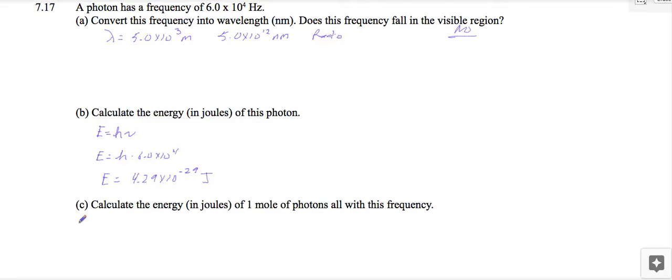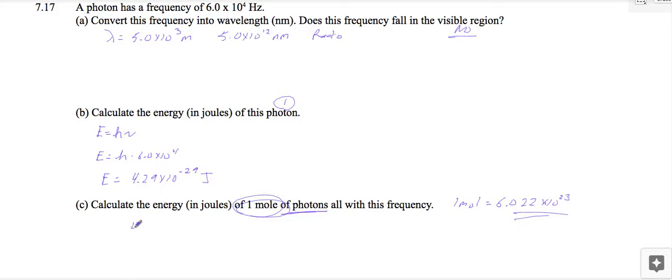Letter C is an interesting problem here, and I'm glad it fit on the same page for us so we can look at it together. It says calculate the energy in joules of 1 mole of photons. Now this will often throw young chemists like yourselves off because we forget for whatever reason that 1 mole of anything is this number of them. We haven't really used this number for several chapters and rarely use it, but that's where it comes up, and it doesn't matter what it is, it's that number. So 1 mole of photons. So this is going to be of 1 photon.